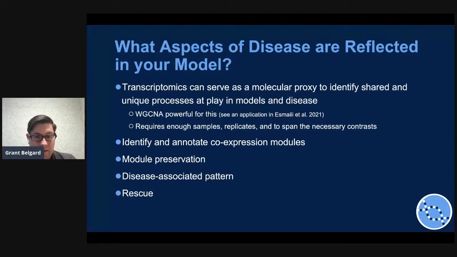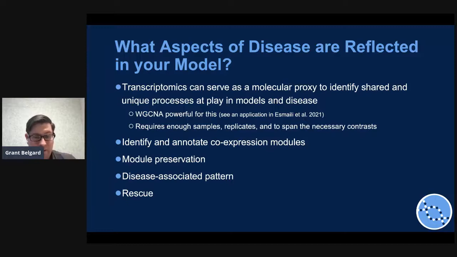Once you have some idea what known biology these co-expression modules reflect, you can then look at the preservation of these modules between disease and the disease model, and at the similarity of their disease-associated patterns between the two. Does it go up? Does it go down? And so on.